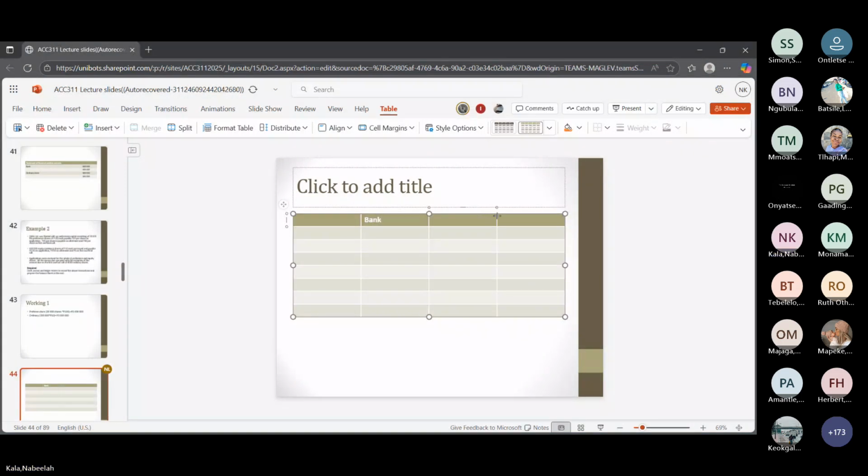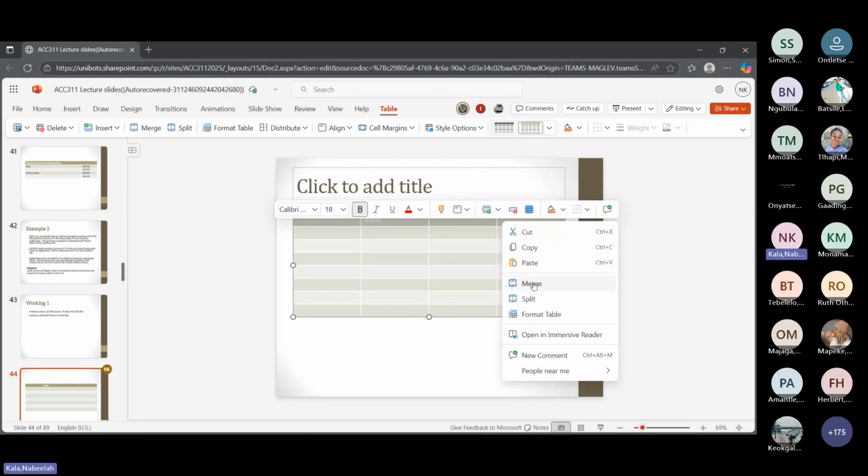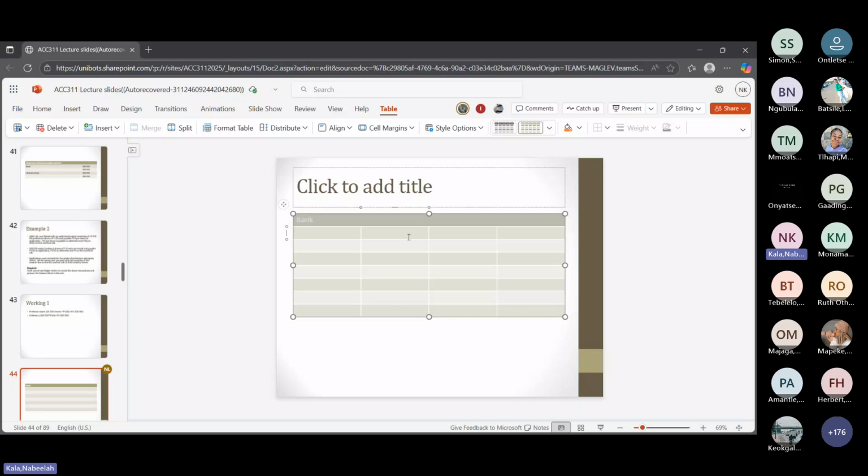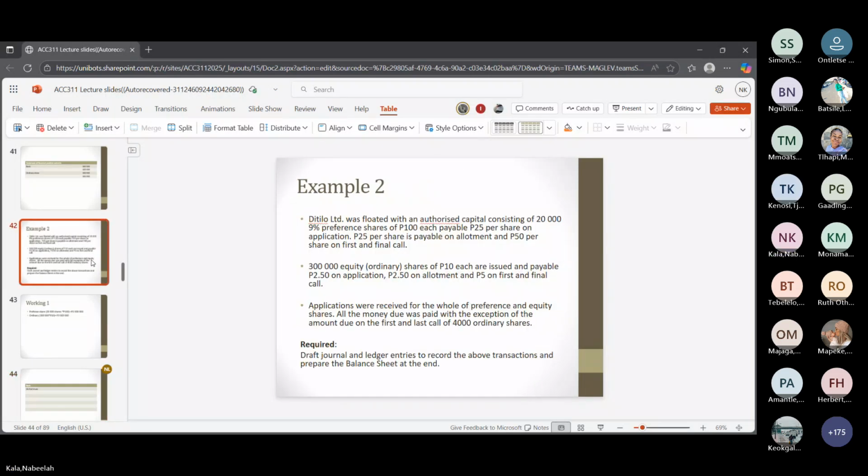So we are going to debit this bank account by what we call share application. This share application, specifically this one, is for preference share. So on preference share, how much was it? Hello, Tim? On application, we are still doing a working on preference.